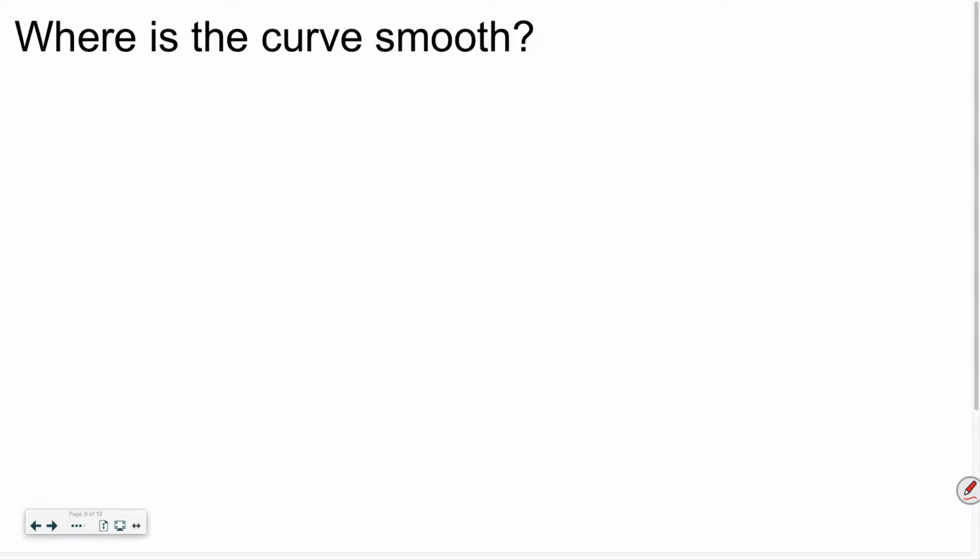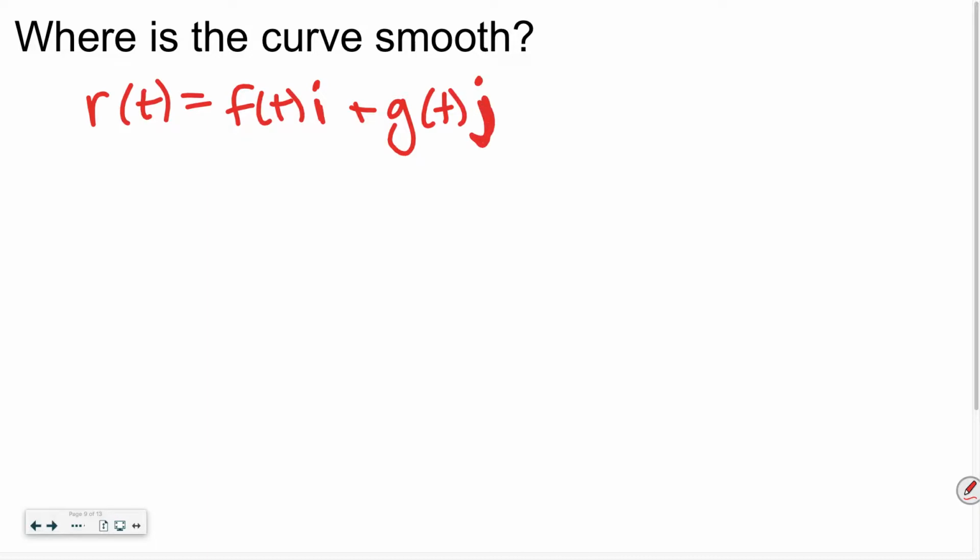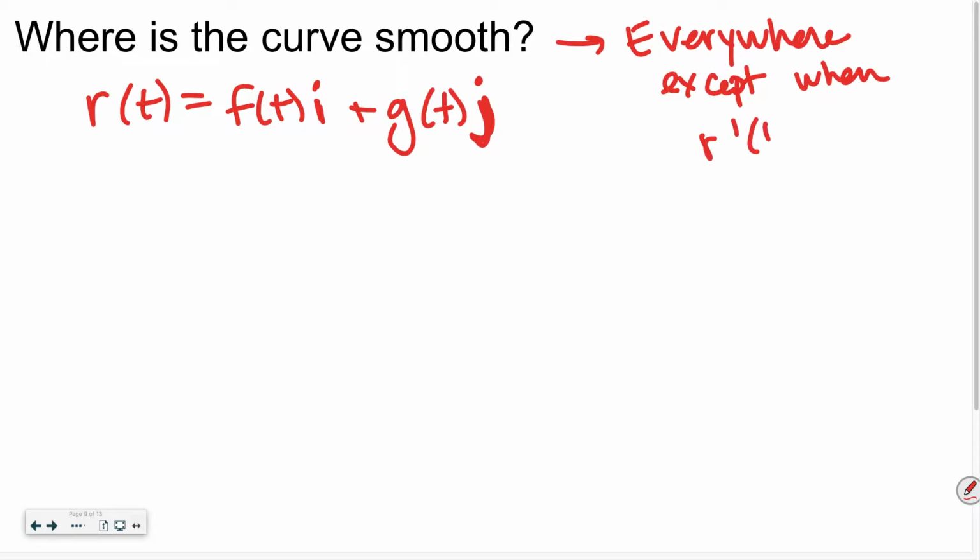Okay, so everywhere where a curve is smooth, well, what if we have a vector valued function? Where the derivative isn't 0. Okay, so we're going to be smooth everywhere, except when our vector valued derivative is the 0 vector.